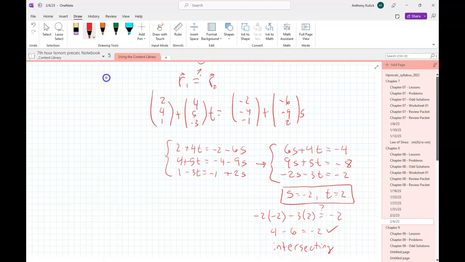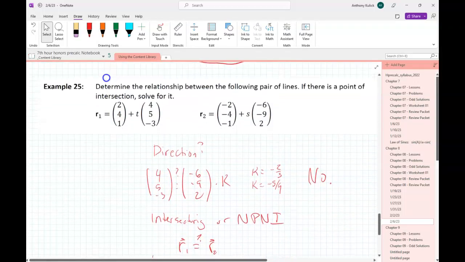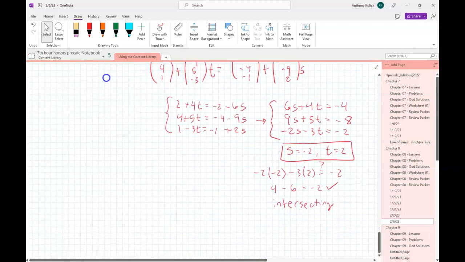Because the point is a three-dimensional point, right? So negative 2, 2 is not clearly my answer. I plug either negative 2 in for the S in R1, or I plug positive 2 in for the T in R2, or vice versa. I can't remember which one had the S on it and which one had the T on it. R1 had the T this time.